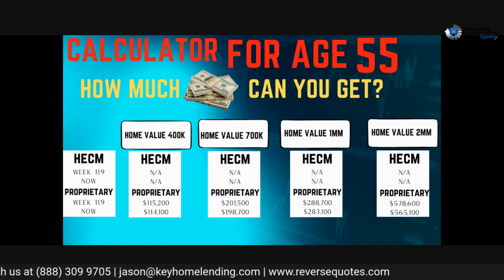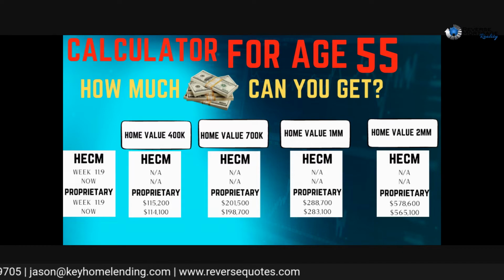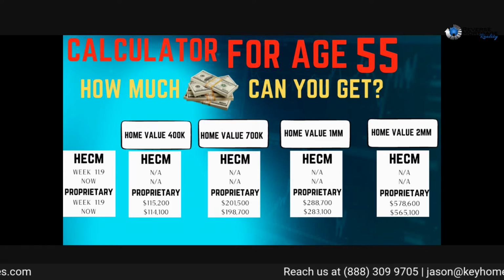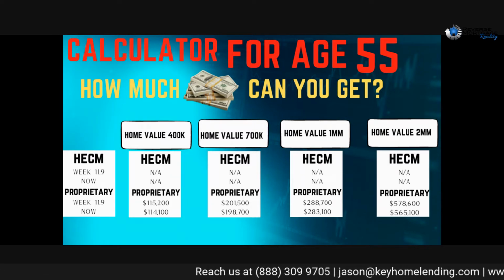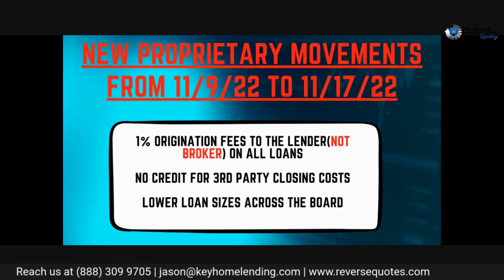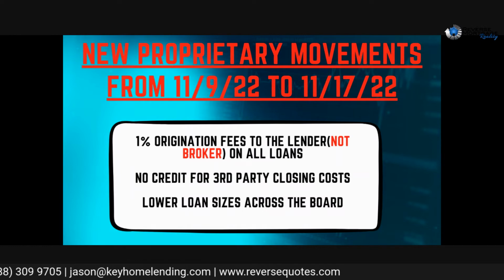And at a $2 million value, now we see a little bit of difference. There's about a $13,000 difference between last week and this week. And the only difference is, again, that the lender's charging a 1% origination fee. So that goes into what you can get, and there's no credit for the third-party closing costs.